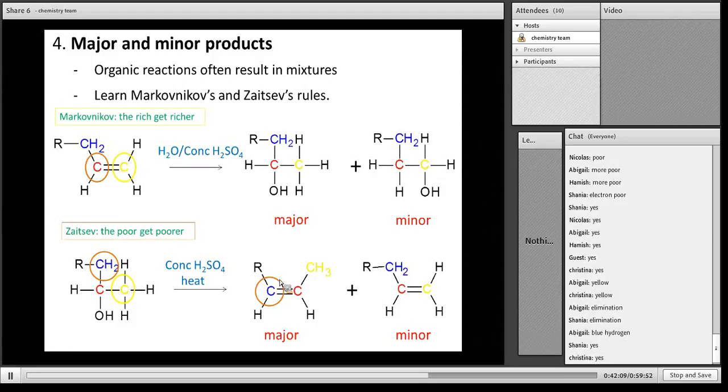Yes, because I've got 2 different groups on the blue carbon and 2 different groups on the red carbon, so I can get cis and trans.